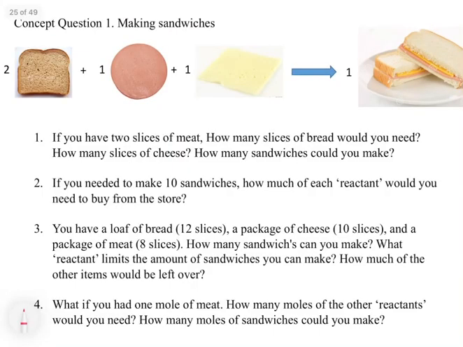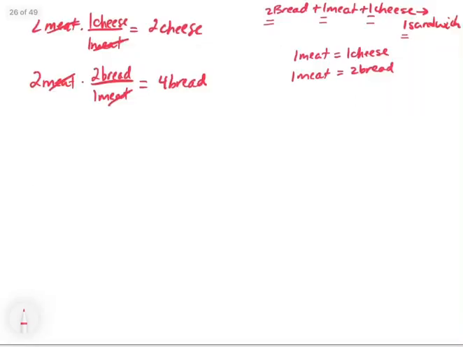Now let's look at a different question. If you needed to make 10 sandwiches, how much of each reactant would you need to buy from the store? This is another way of looking at it. We can go in the other direction. We can say, I need to have a certain amount of product. How much of the reactants would I need? In this case, if I needed to make 10 sandwiches, let's say that I wanted to figure out how much bread I would need.